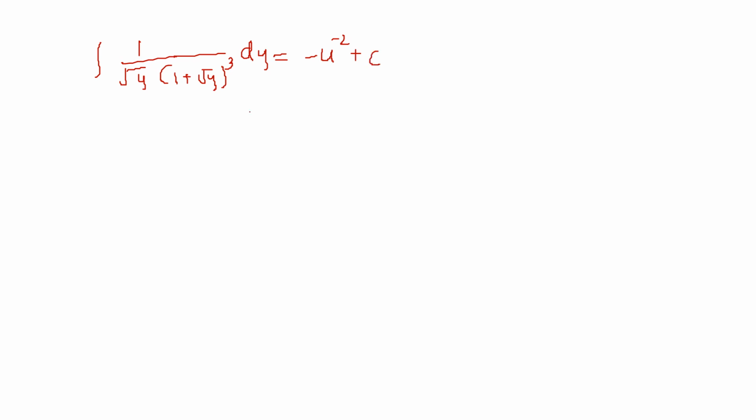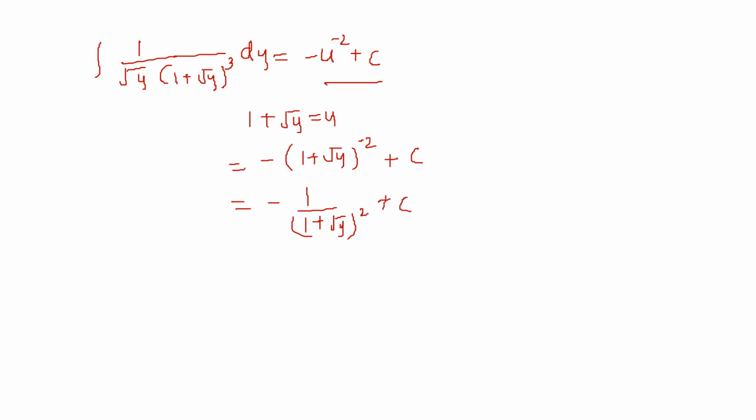In the start we supposed that 1 plus square root of y equals u. Let's put this value in this equation and we get minus (1 plus square root of y) whole raised to the power minus 2 plus constant of integration, and the last answer is minus 1 over (1 plus square root of y) whole square plus c.